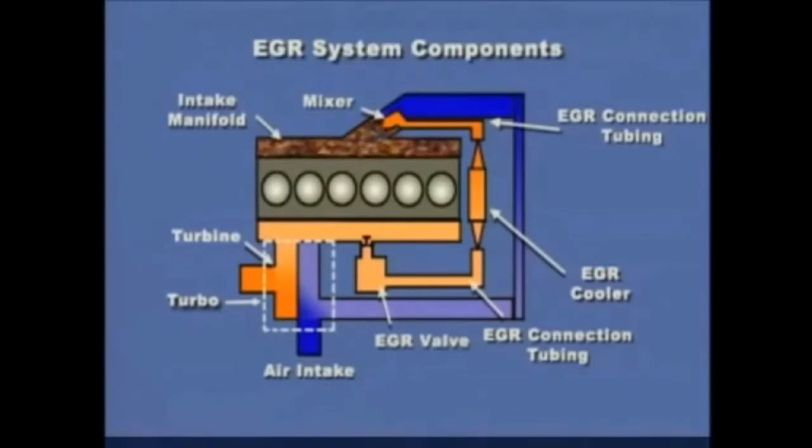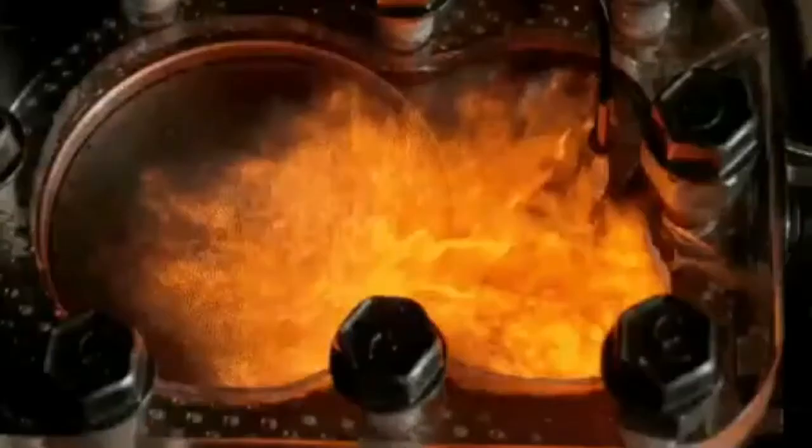The cooling helps to maintain the temperature lower than the fresh charge, which leads to absorption of heat at the time of combustion, which eventually reduces combustion temperature, thereby reducing the chance of NOx emission.